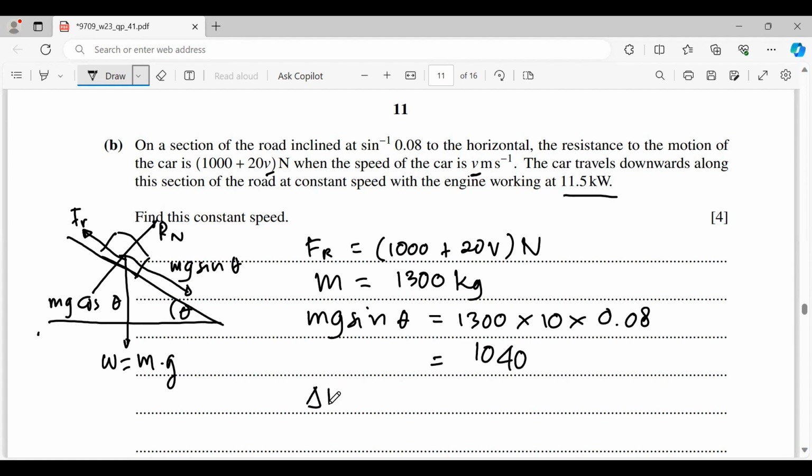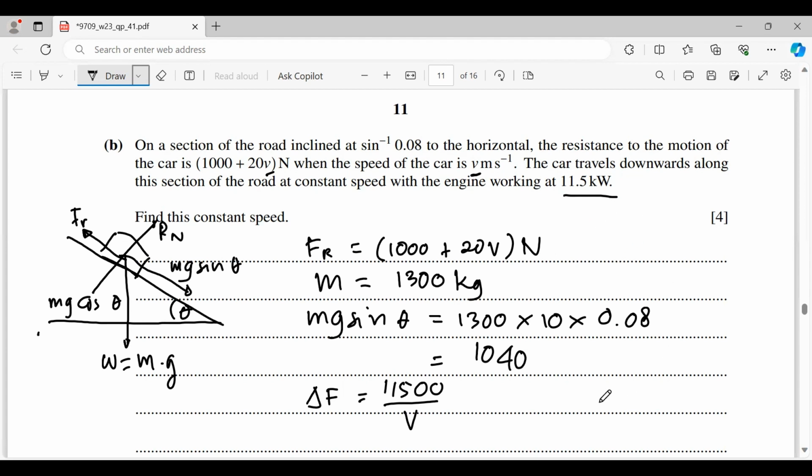And then delta F equals 11,500 over velocity on this one.